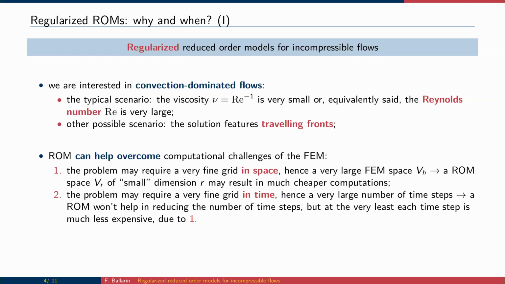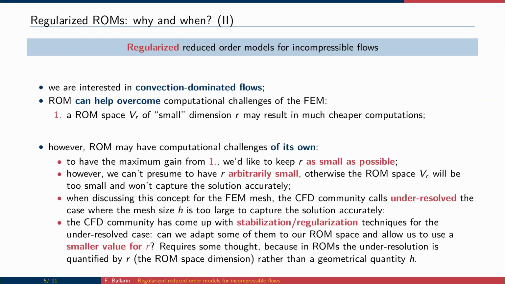Similarly, a ROM may help also while carrying out the time stepping, in the sense that it will not compress the number of time steps, but at the very least, each time instance will be much cheaper to solve due to the previous item. However, I cannot promise that it's all easy, in the sense that ROM will have some computational challenges of its own.